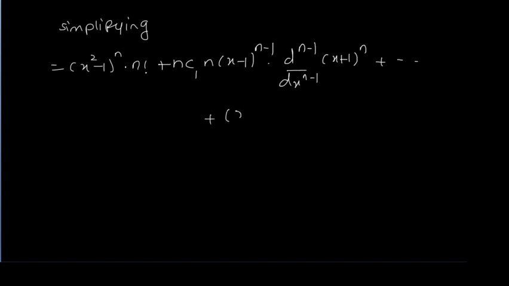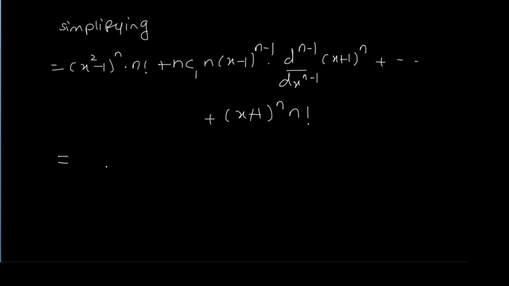Then plus the first term nC1 into the remaining terms as they are, n into (x minus 1) raised to n minus 1, then d n minus 1 by dx raised to n minus 1 of (x plus 1) whole raised to n. And so on. The last term we have (x plus 1) whole raised to n into n factorial.